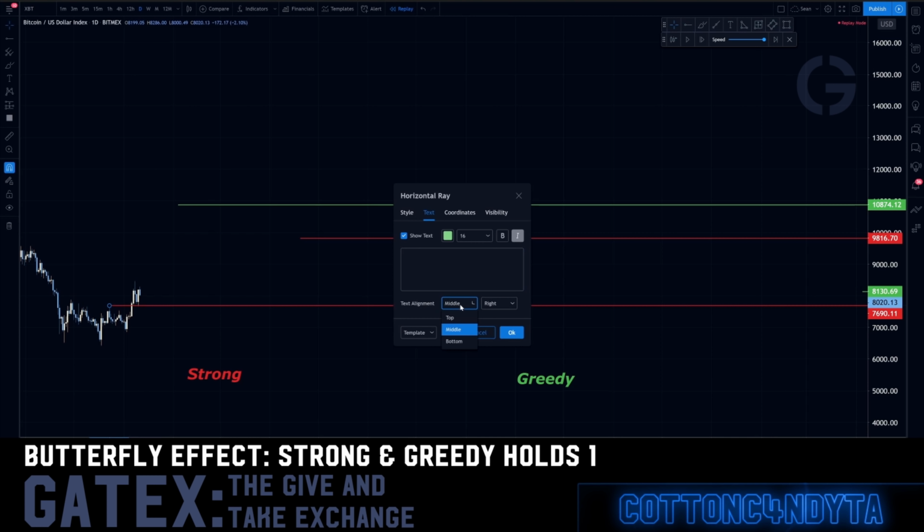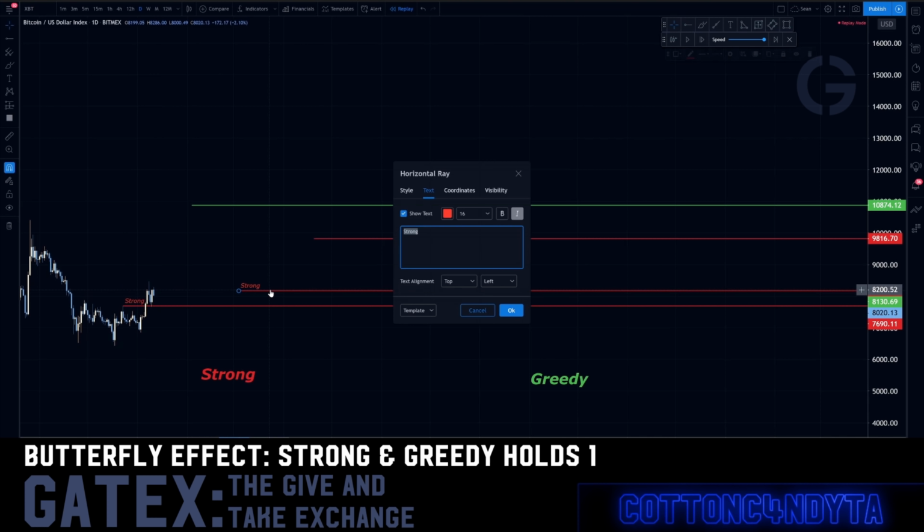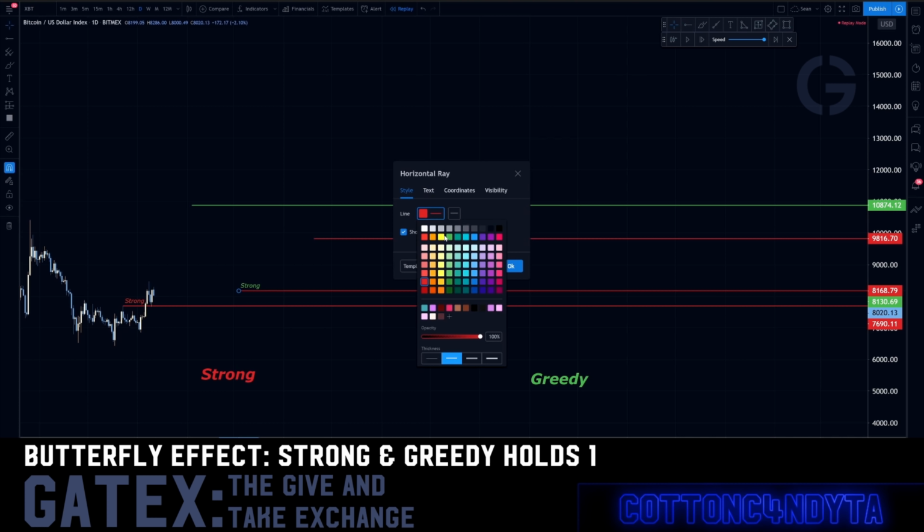We're going to go show text, text align to the left, and we are going to say this is a strong hold level, strong, and we are going to put it on top of it and color coordinate the same thing, this red color, just so we have some clarity here. Let's do the same thing with the next level, but we're going to do this here, and we're going to color this green, and we are going to go here and color this green.